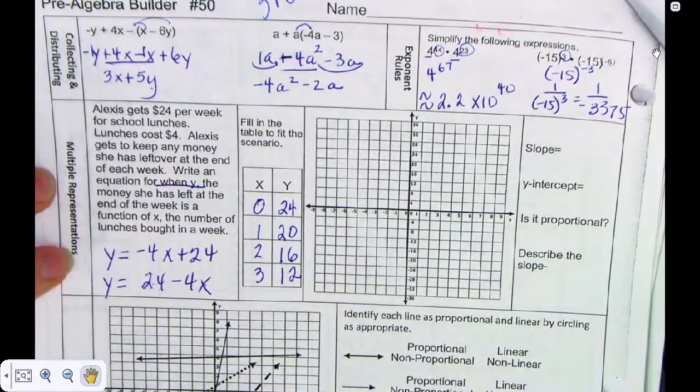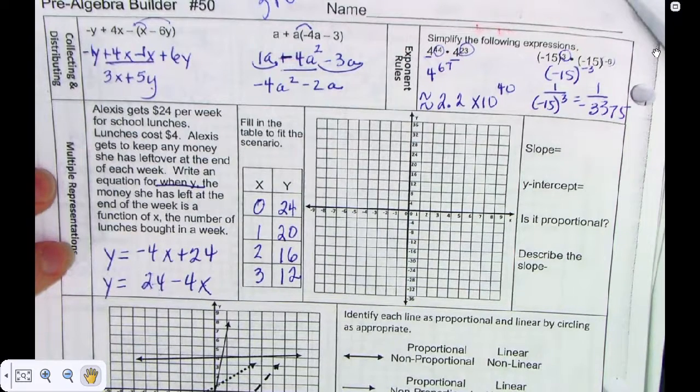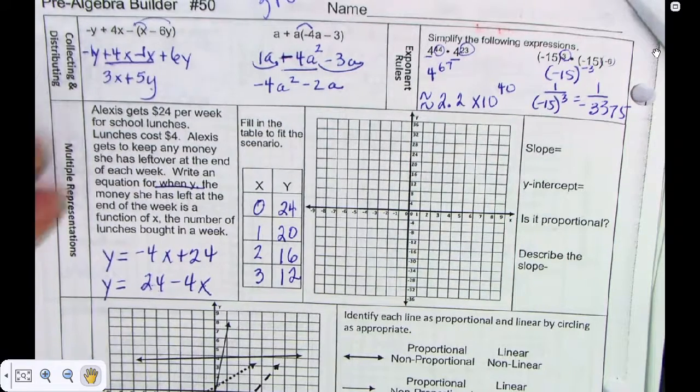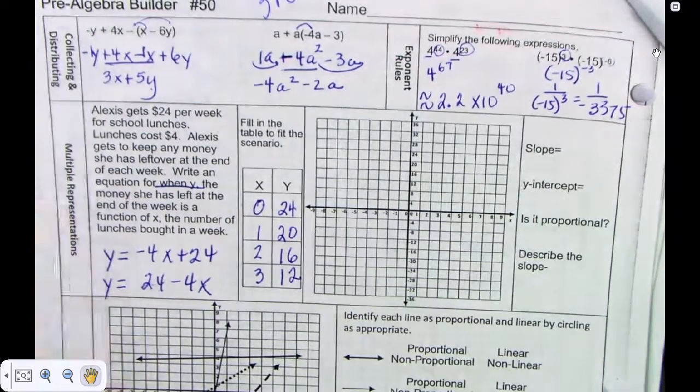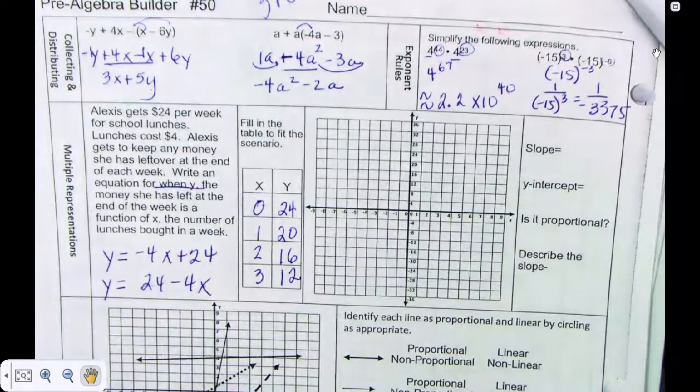Guys, think about it. She's spending $4 a day. She's not making $4 a day. Miss King told us that. She said it was a positive, it's not. I already explained it. Lunches cost $4, so she's spending 4. She's not making 4, so fix it.